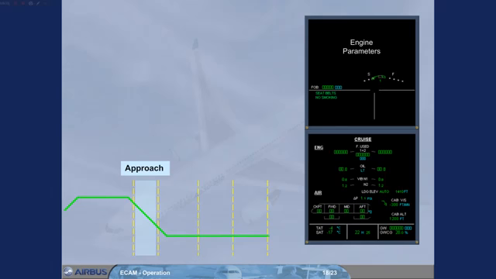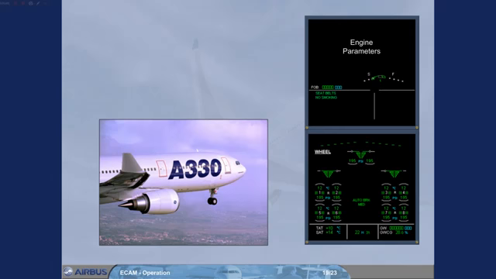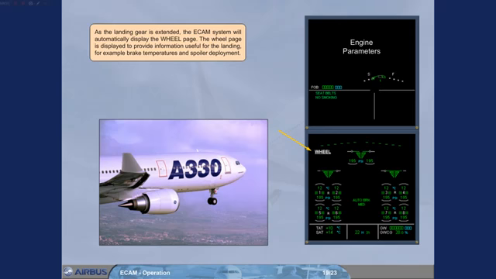The aircraft is lined up on final approach. As the landing gear is extended, the Ecam system will automatically display the wheel page. The wheel page is displayed to provide information useful for the landing, for example, brake temperatures and spoiler deployment.